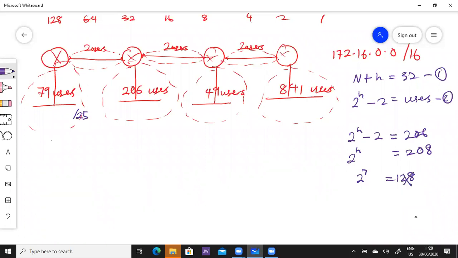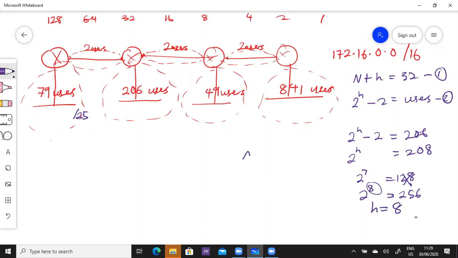So we move to the next integer, that is 2 raised to the power 8. That will give us 256, isn't it? Correct. So 256. Do we accept the 8? Yes. So h is equal to 8.